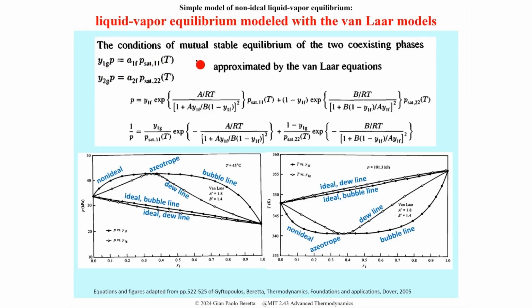Now, Raoult's law rewrites for a non-ideal mixture, where you substitute the mole fraction of the components in the liquid with their activities. And we've given the expressions for the activities in the previous slide, also for the Van Laar. So if you do that substitution, here is what the equation of the bubble line is, and this is for the dew line.